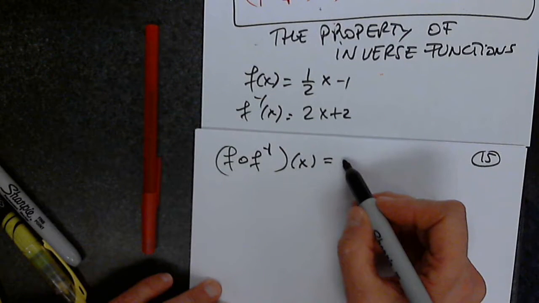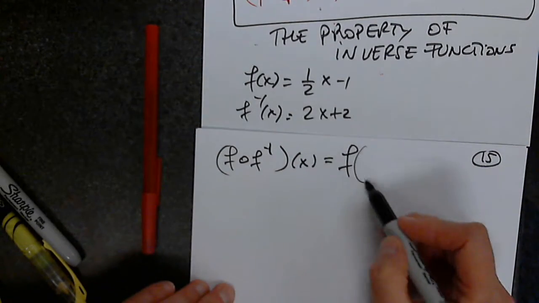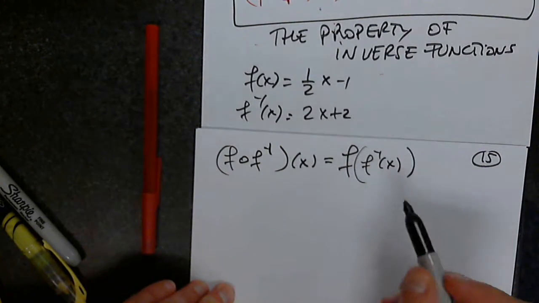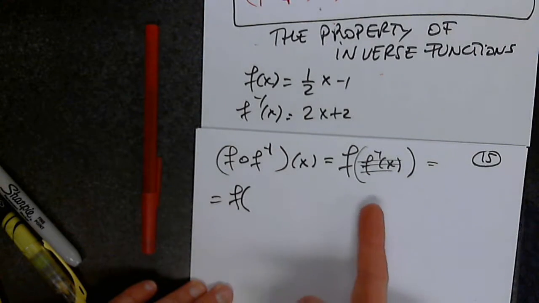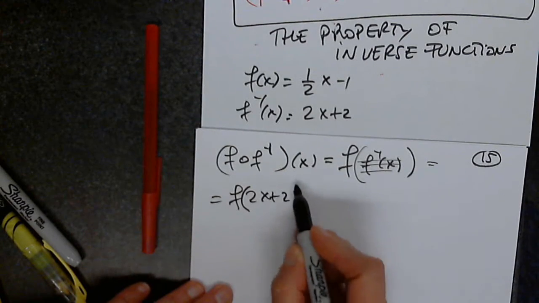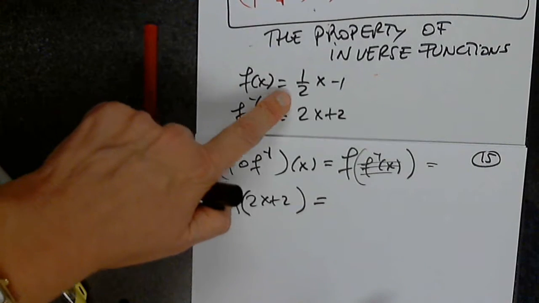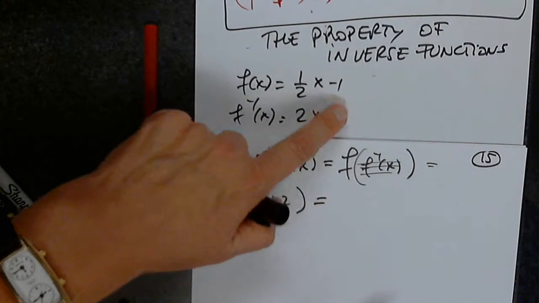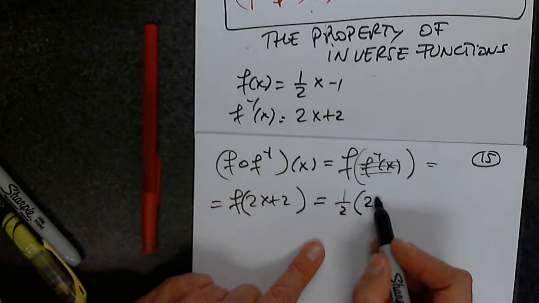Careful. It's f of f inverse of x. Exactly. So now I have to replace this by the inverse function, which is 2x plus 2. Very good. And now I look at f, and f says 1/2 times whatever minus 1. How do I write that? 1/2 of 2x plus 2, minus 1.